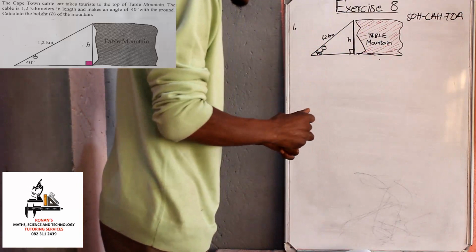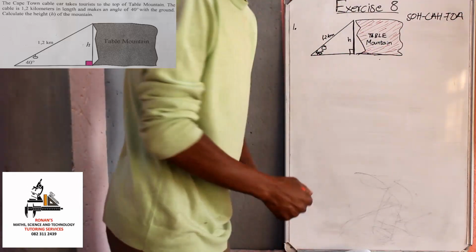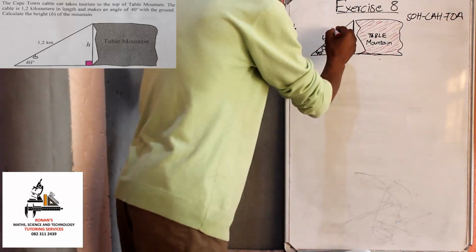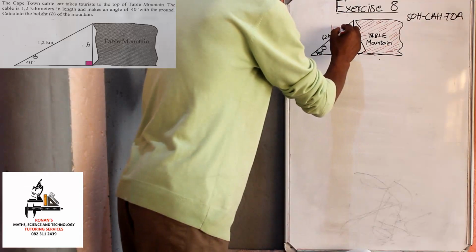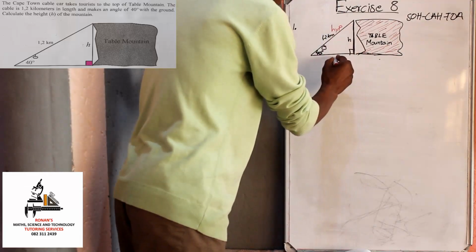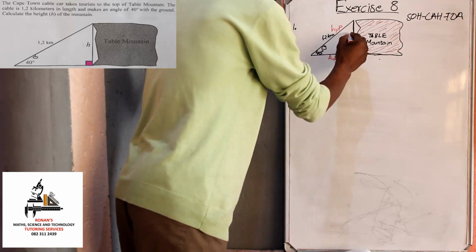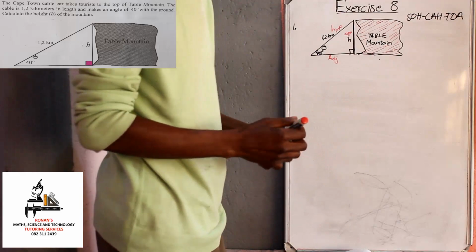Therefore, we start by identifying the sides. This side is the hypotenuse, this side would be adjacent, and this height side would be the opposite side.